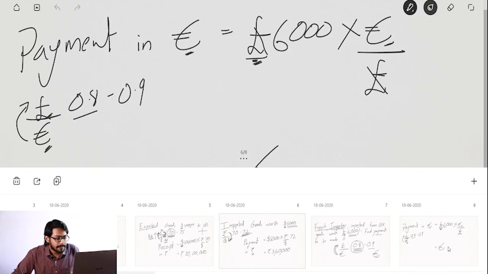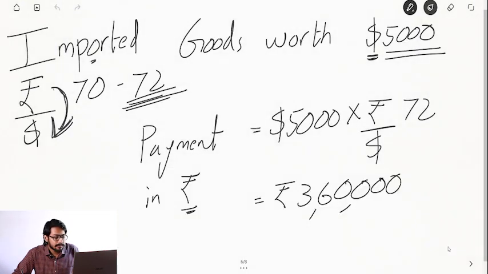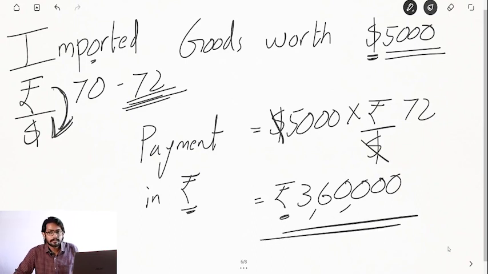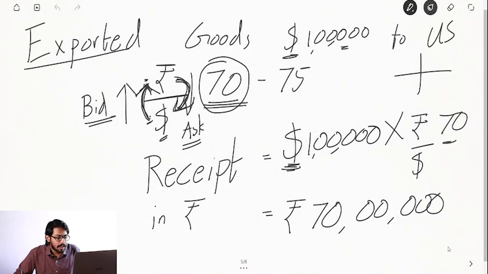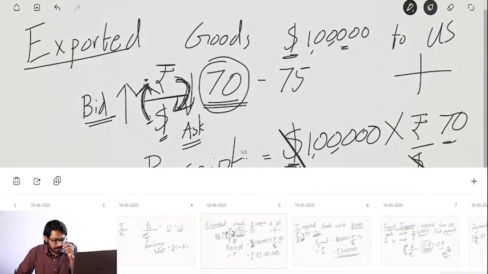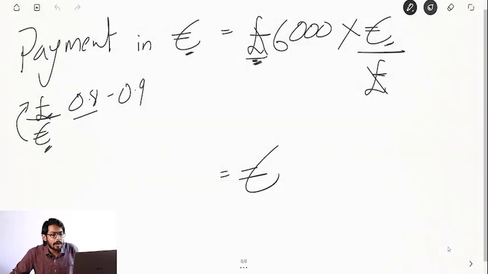In this question, dollar and dollar get cancelled. Your final answer is in rupees. One more question we did over here also: dollar and dollar get cancelled, and your final answer is in rupee. That's what you need. So over here also, you want pound and pound to get cancelled and the final answer to be in euro. For that you have to multiply with euro by pound. What is given in the question is pound by euro. How do you convert? Instead of 0.8, take 1 by 0.8.